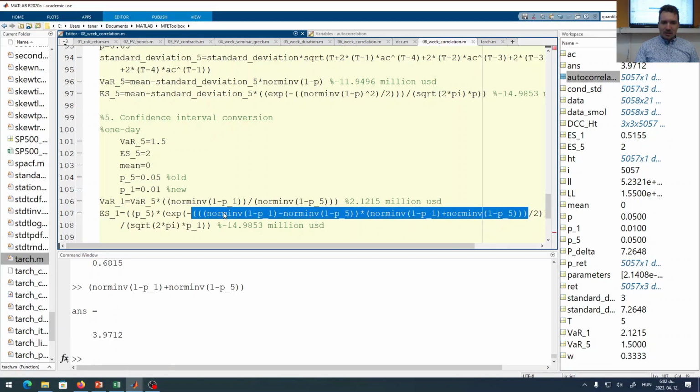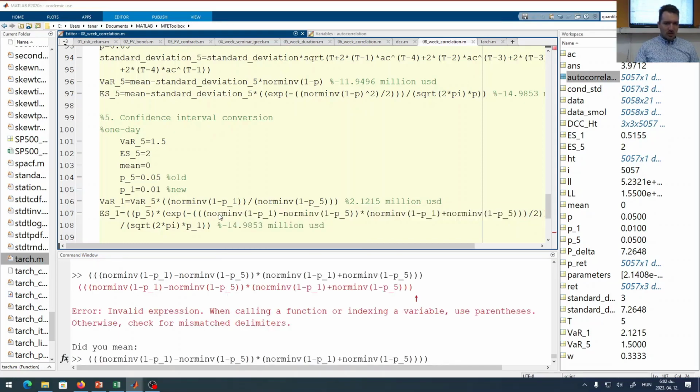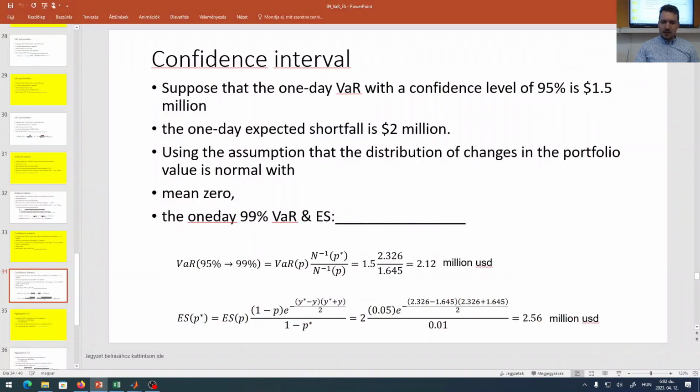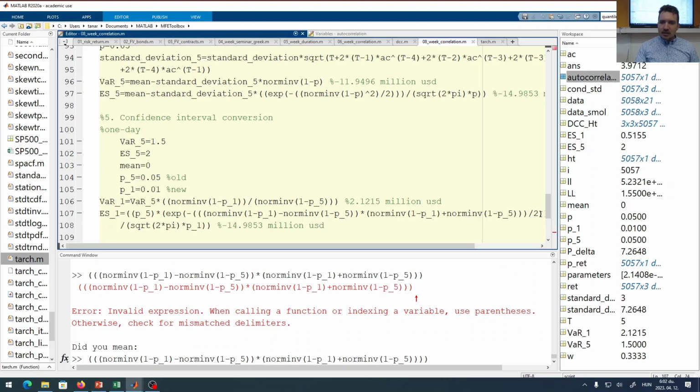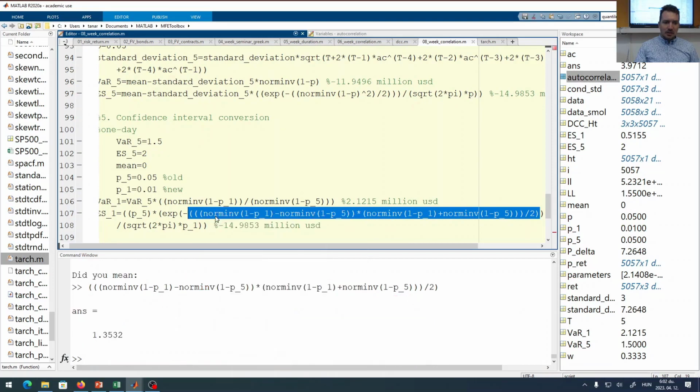This is containing the whole multiplication. No. This thing is containing the whole multiplication and the division by 2. Yes.